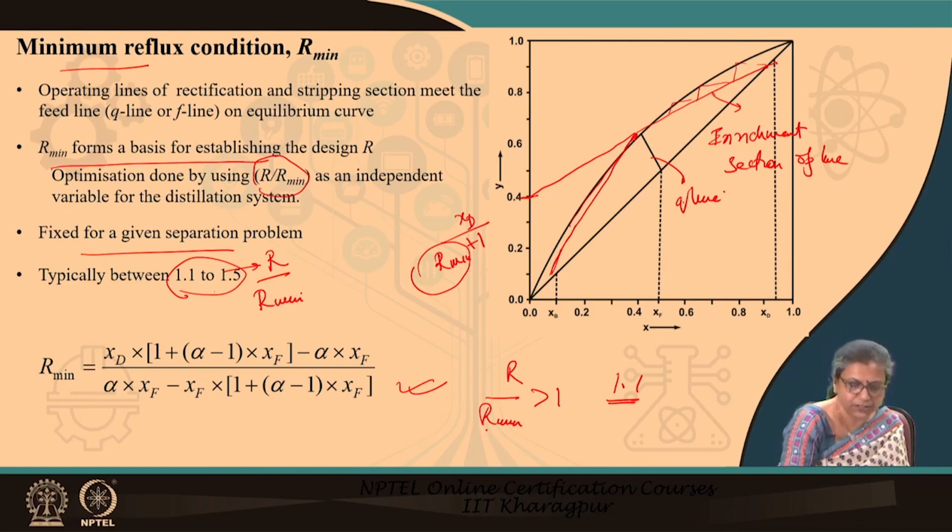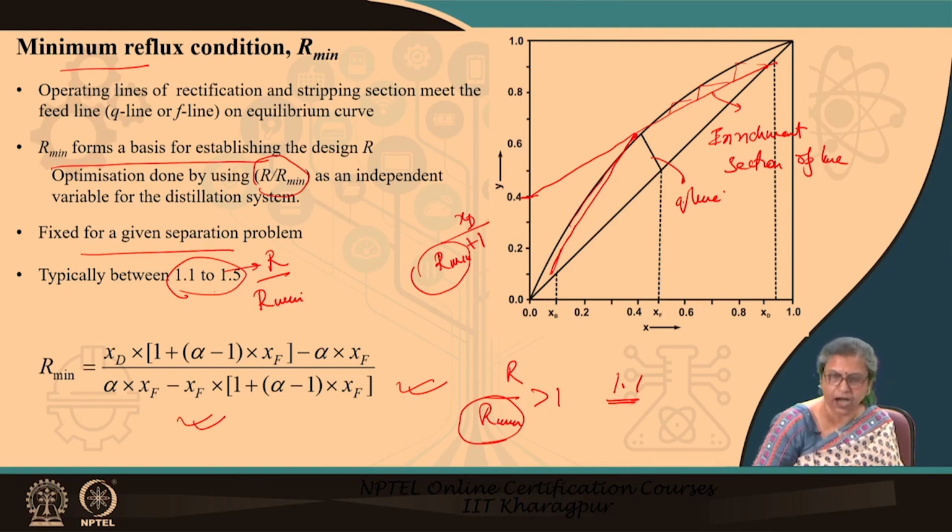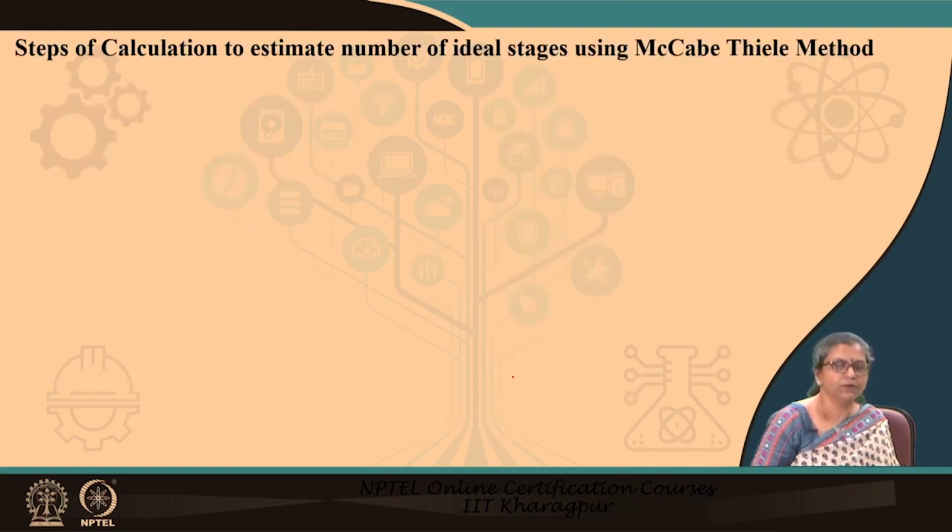So, for design what we do, we first find out the R minimum for the x_D, x_F and the q point. Once we have found it out, either by this equation or by this particular construction, we select an R which is slightly higher than the R minimum, and then we proceed.